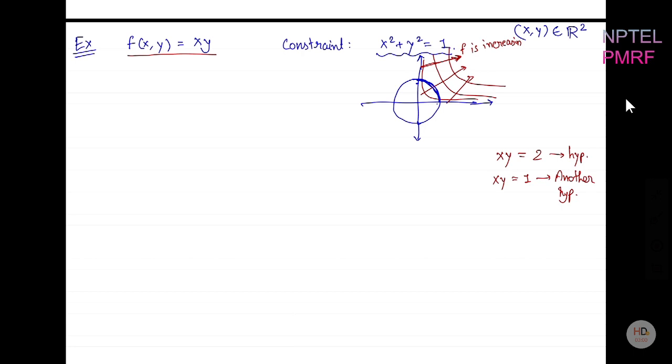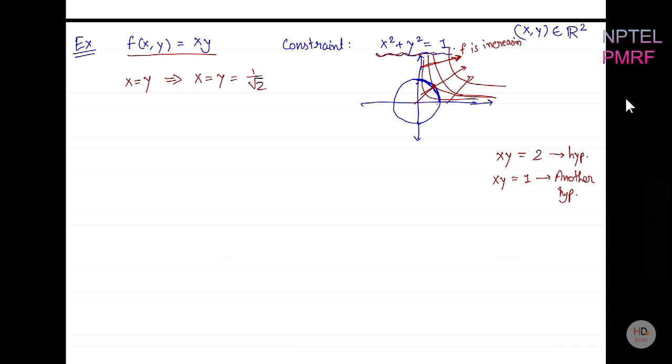That is when there is one contour which just touches the circle, right? Since f is symmetric in x and y, and the constraint is also symmetric in x and y, it has to be at x = y. Which means x and y both have to be 1/√2.